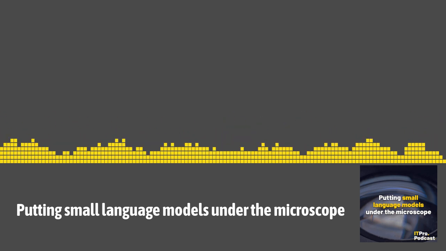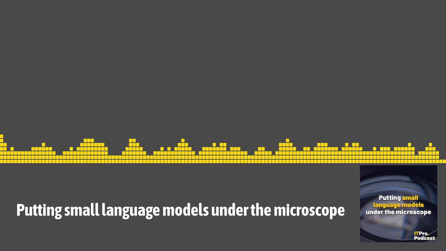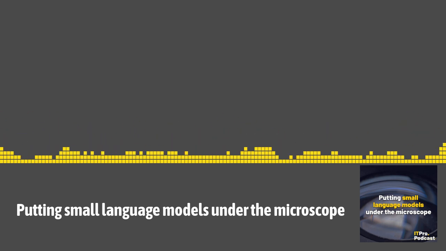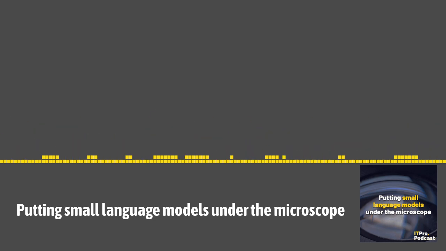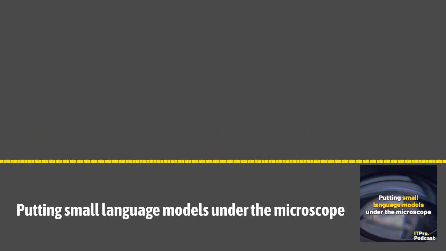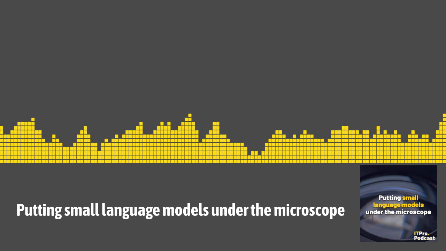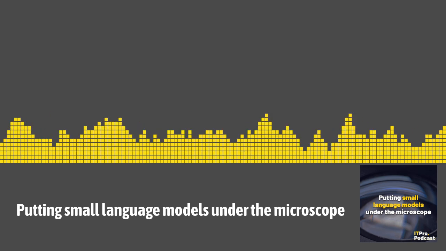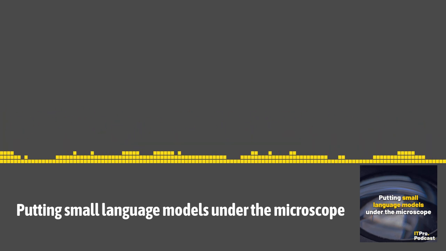So DeepSeek R1 is a very large, sophisticated model. What DeepSeek did in January is it took models from Qwen by Alibaba and also Llama by Meta and trained them on R1. So if you have a distilled DeepSeek Llama model, it's a very small language model that has been trained on the outputs from DeepSeek R1.